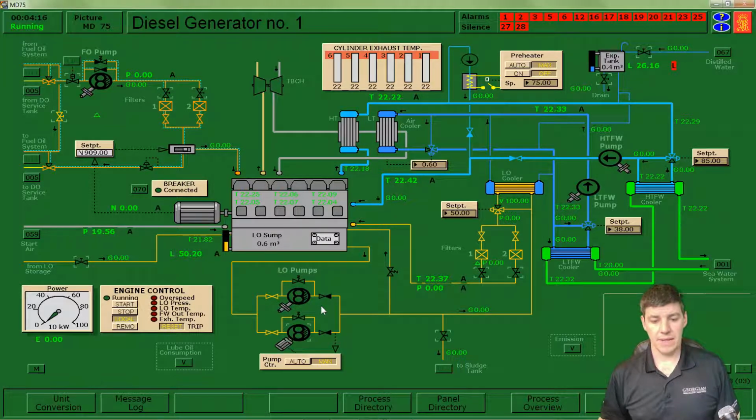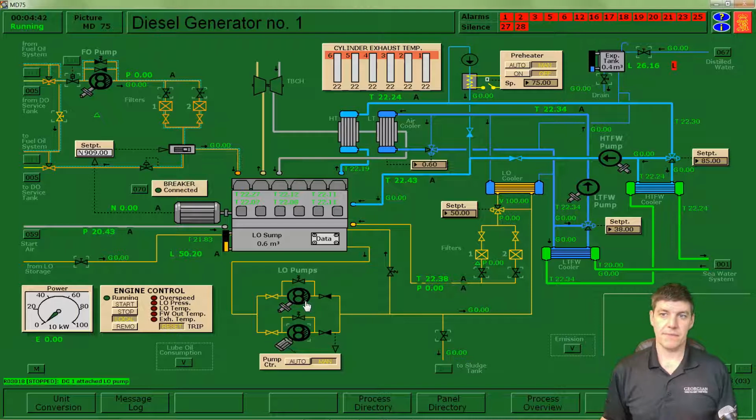And what I mean by that is we have these pumps here, here, and here, and here, that have a symbol, and what the symbol is describing is a shaft that connects to the pump, and it has a pulley on it, and that pulley is driven by the rotation of the engine. So I can't click on this to turn it on and off. The only way that this pump would turn on is by having the engine turn on.